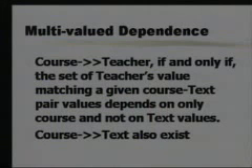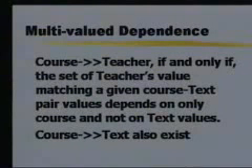What is a multi-valued dependence? We have given just examples of it. If I say course multi-determines teacher, that is if and only if the set of teacher values matching a given course-text pair depends on only the course and not the text values. The independence which I was talking about is, if I know the course, there are multiple teachers teaching it, which are independent of the texts.